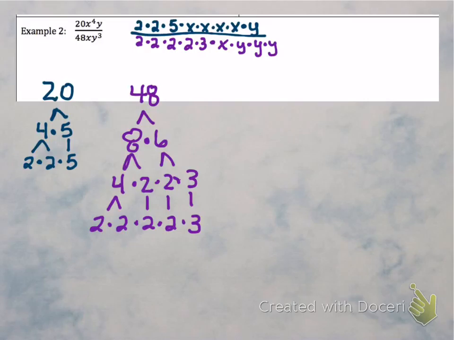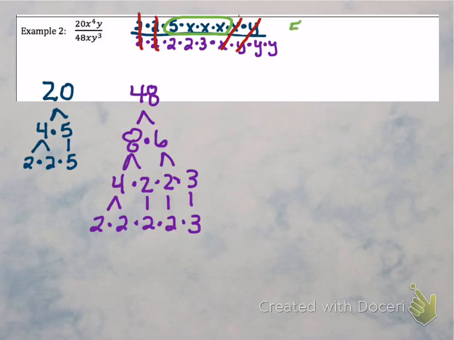Then to do the division, or to simplify, I want to cancel any factors that they have in common. So I've got 2 factors of 2 that cancel. I've got factors of x and y that will cancel. And then for my leftover, I just multiply them. And so I have 5 and 3 factors of x left in the numerator.